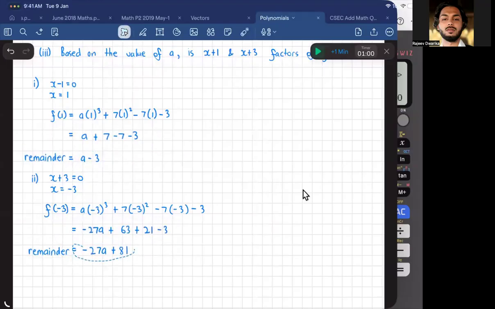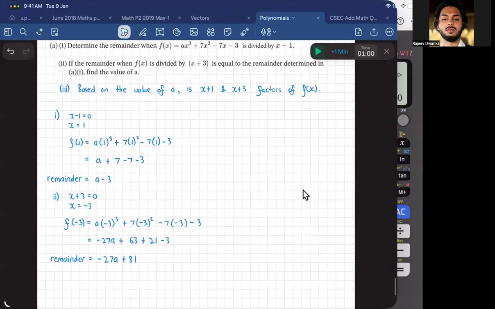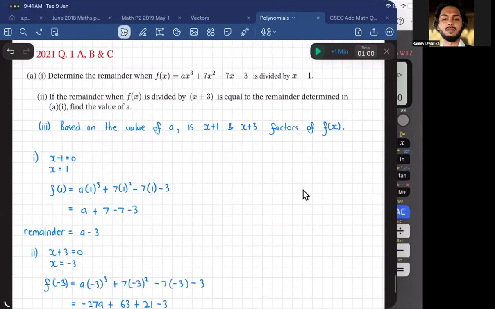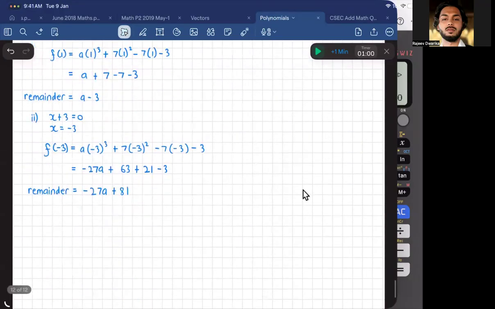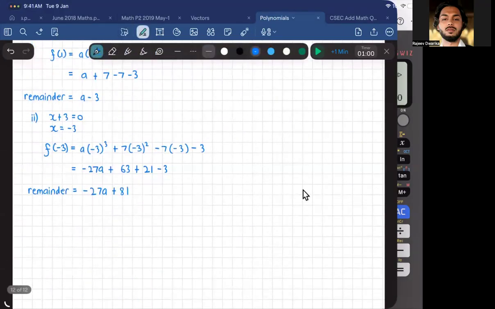All right. So we have two remainders here. Now, Serena, what are they saying about the two remainders? They say that the remainders are equal to each other. Right. So if the remainders are equal to each other, then I could say a minus 3 is equal to minus 27a plus 81.